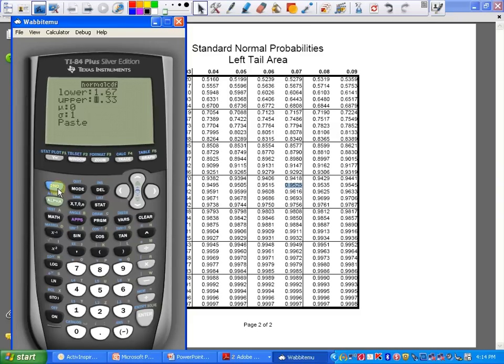And the closest we have in our calculator to positive infinity is e to the 99th power. Again, our mean is 0 and our standard deviation is 1 because we're working with z-scores. So now I can paste that. Notice now I will not have to subtract from 1. I'm getting the probability greater than 1.67, so this will be my final answer. And that's what we got, 0.0475.